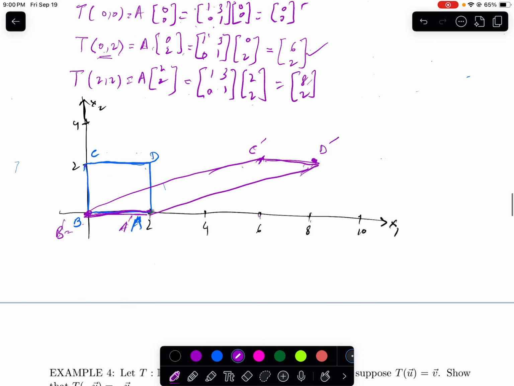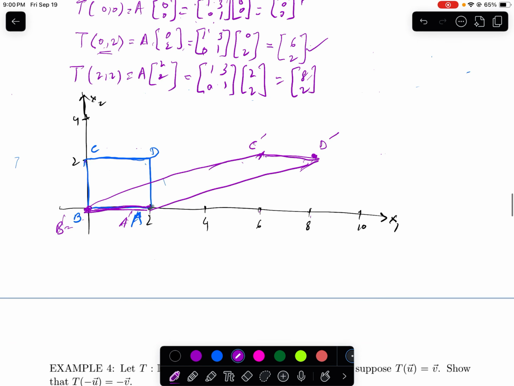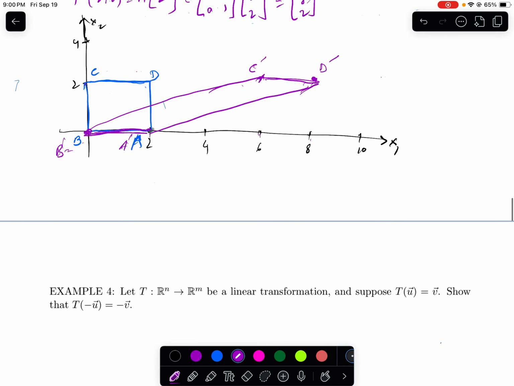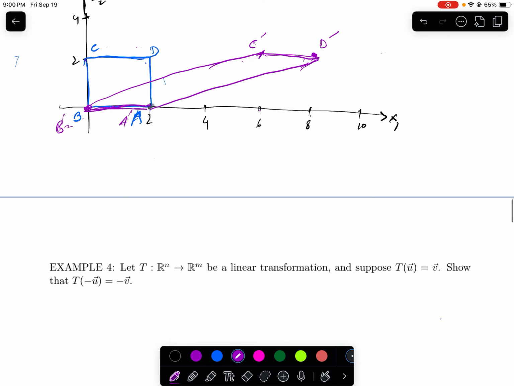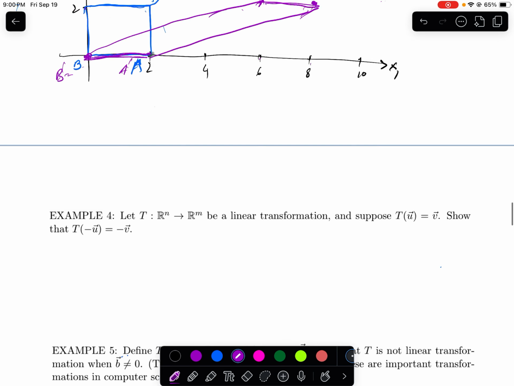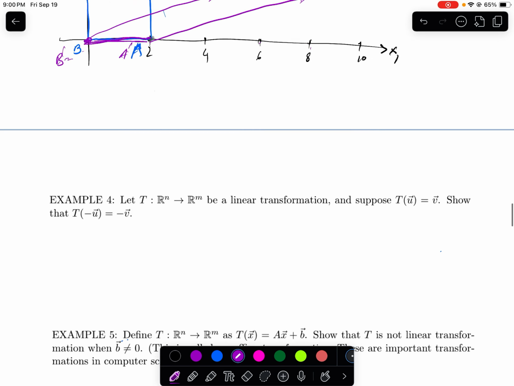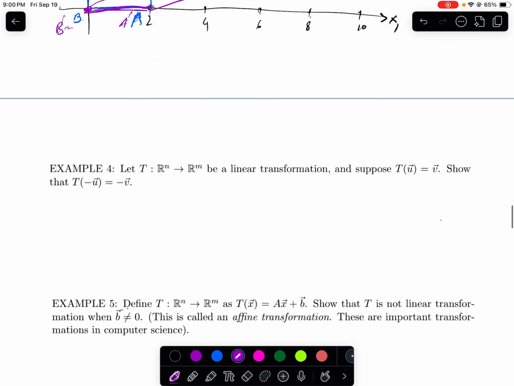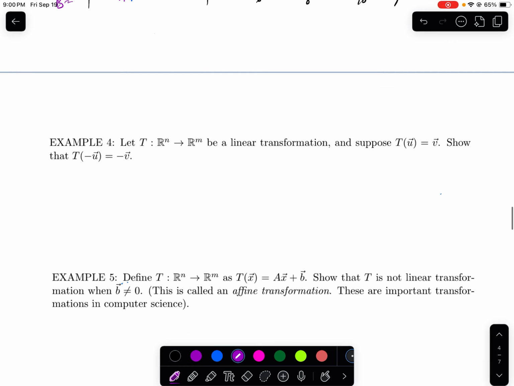Next example says that T is a mapping from Rn to Rm, a linear transformation, and suppose that T of u is equal to v. So the image of u under T is some vector v. Show that T of negative u will be equal to negative v.